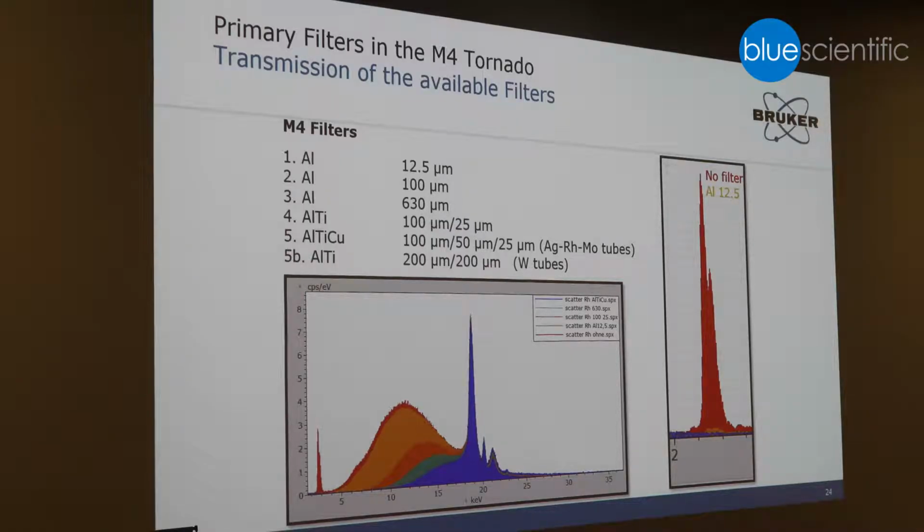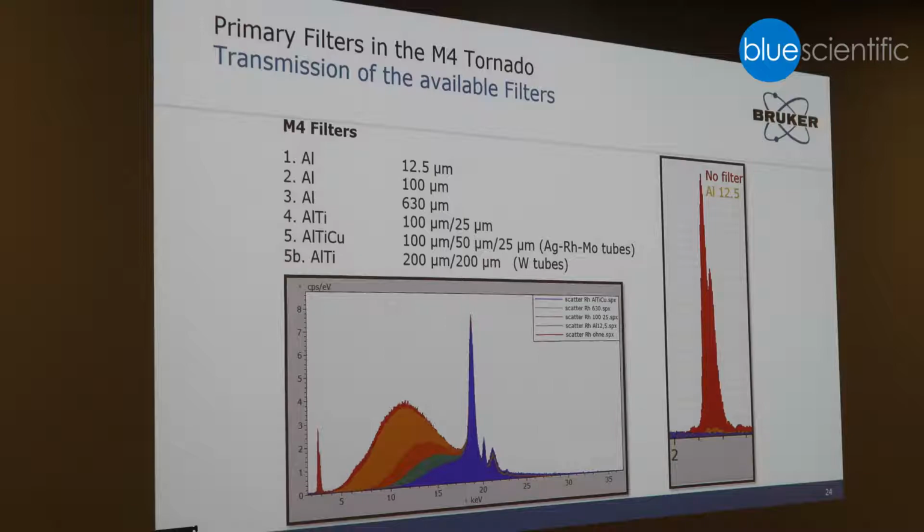Primary filters. I just briefly want to demonstrate the purpose of primary filters. Primary filters are nothing else than metal foils between the X-ray tube and the collimation device. And you see here, if you use different primary filters and apply them to the primary spectrum, for instance the red spectrum, if you don't use any primary filter, this would be the primary spectrum emitted by the X-ray tube.